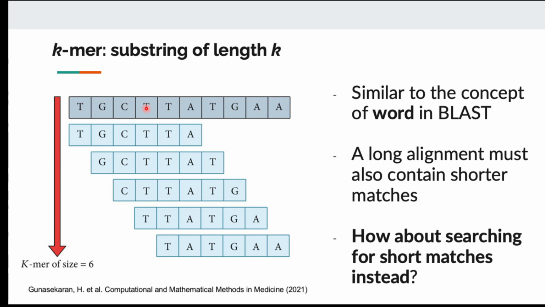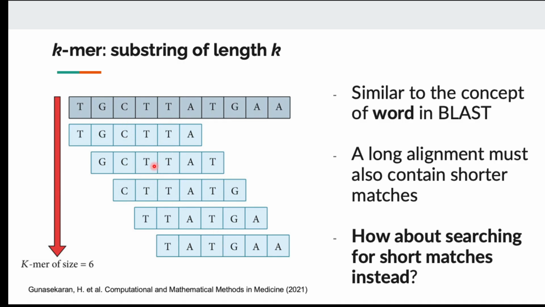So they are framing the alignment as a different problem. Instead of trying to find the actual alignment using dynamic programming, they ask: if I extract all the 6-mers, all the 6-nucleotide subsequences from this read, can I find a certain RNA in the database that contains all these patterns?